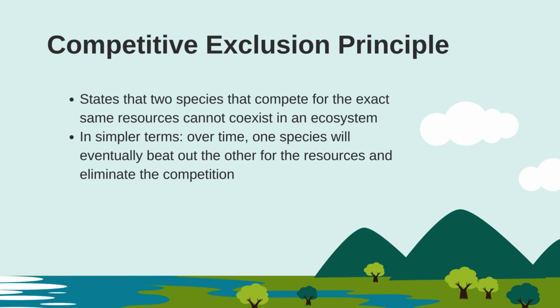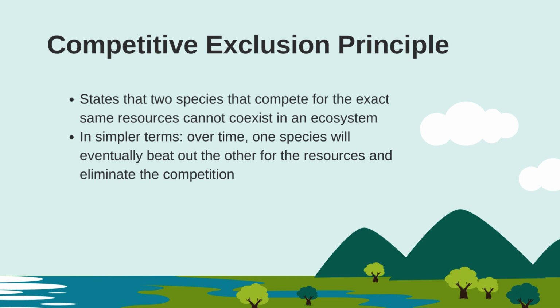So, as we're talking about niches and roles, what then happens when you have 2 organisms that fulfill that same niche or that would live in that same niche? We have what's called the competitive exclusion principle. And this states that 2 species that compete for the exact same resources cannot coexist in an ecosystem.